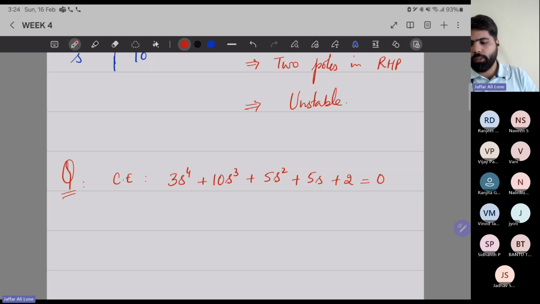We have to check whether this system is stable or not. I want answers for this question.